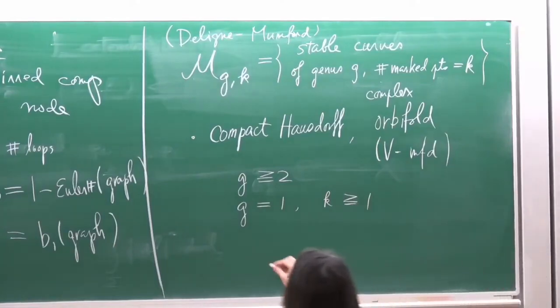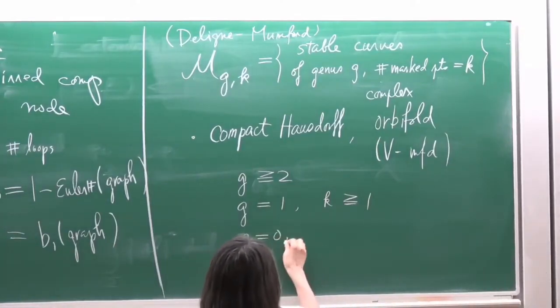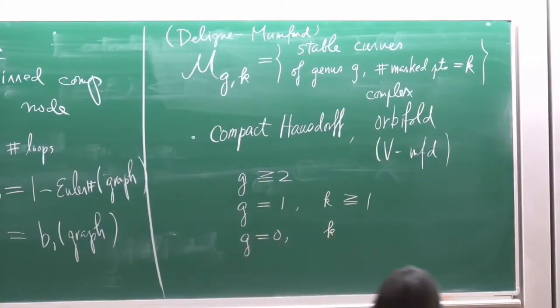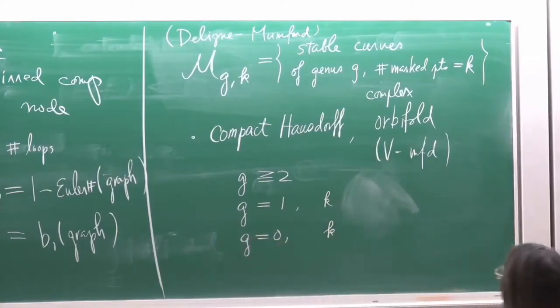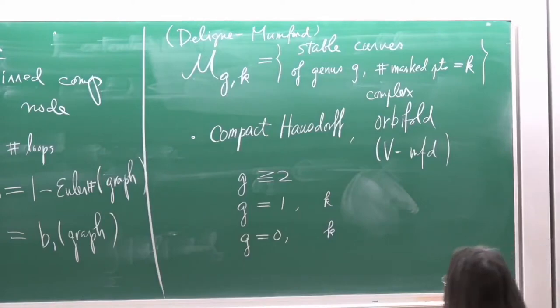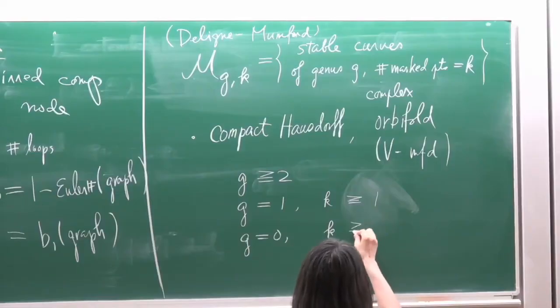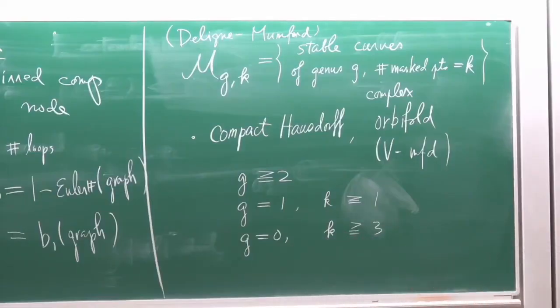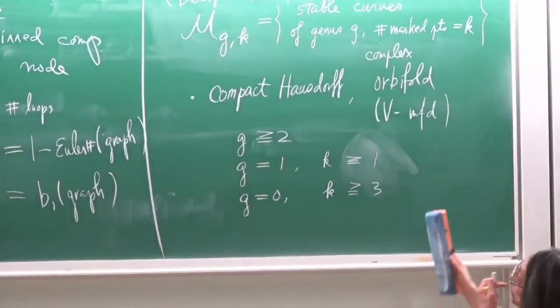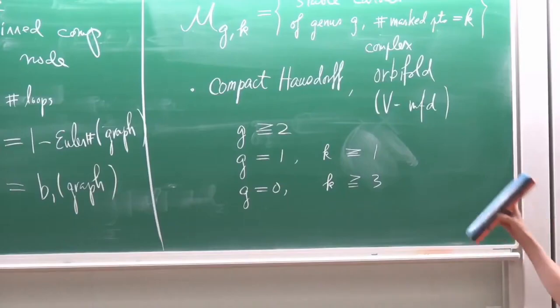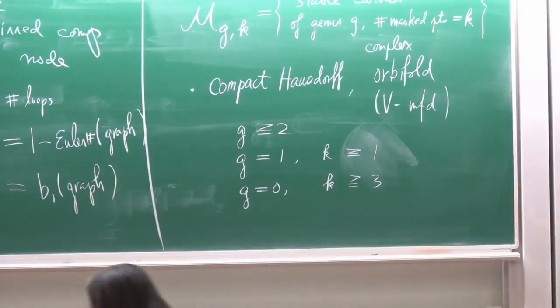Or g equal to 0, and then k must be at least 3. So we have to assume this. Otherwise, we may not have any object, so it may not be the case.